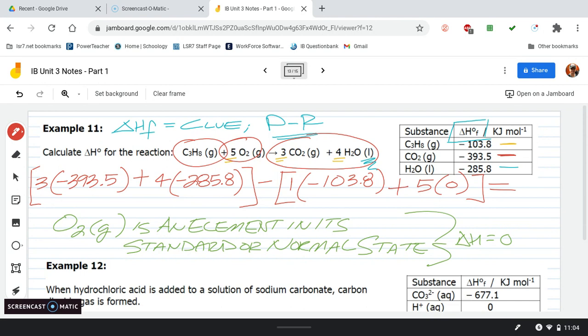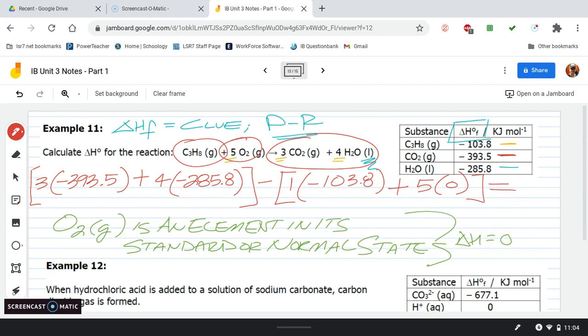So it's going to be 3 times negative 393.5, enter. Add that to, in parentheses, 4 times negative 285.8, and hit enter. And then I'm going to subtract that from 1 times negative 103.8 plus, of course, 0, which is adding 0 is not going to do anything.